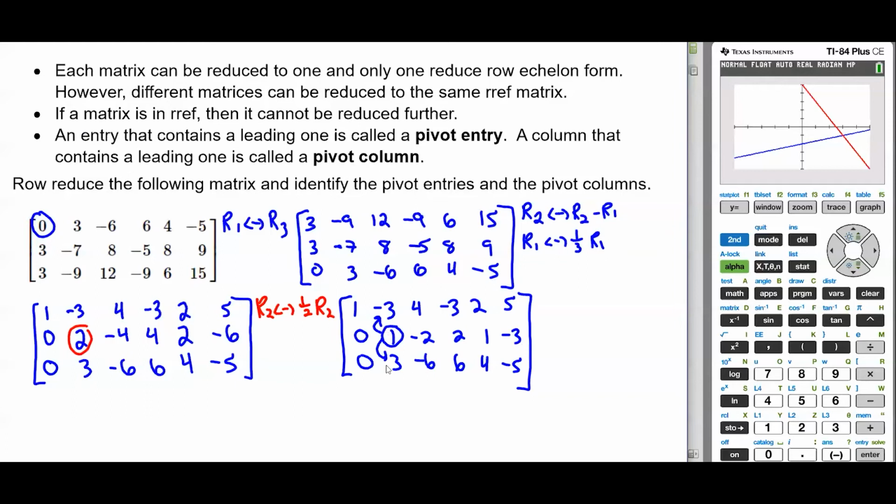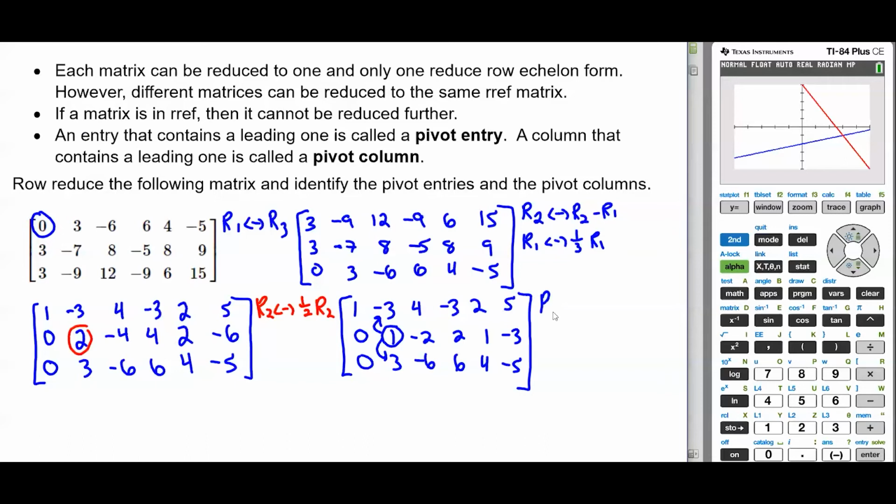And when you do this, it's called pivoting. So we call this a pivot entry, when we pivot there. And we're going to call the column a pivot column. The act of pivoting is taking that leading 1 and using it to eliminate the other members of the column.